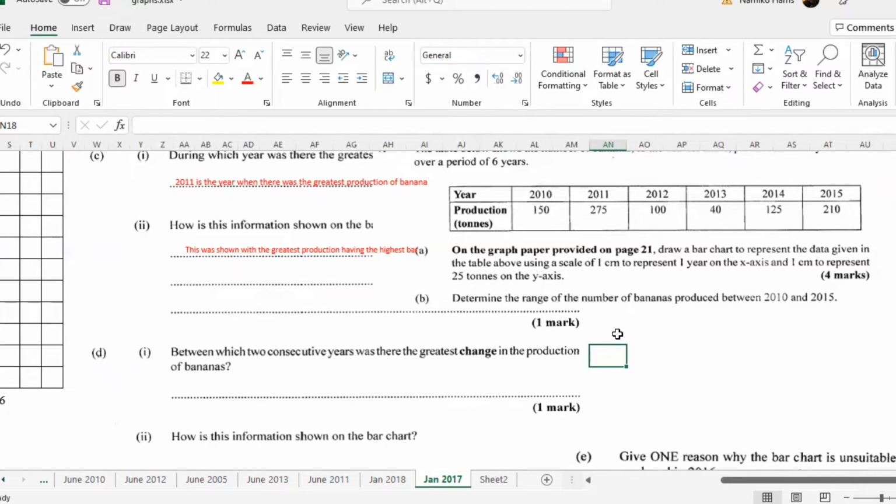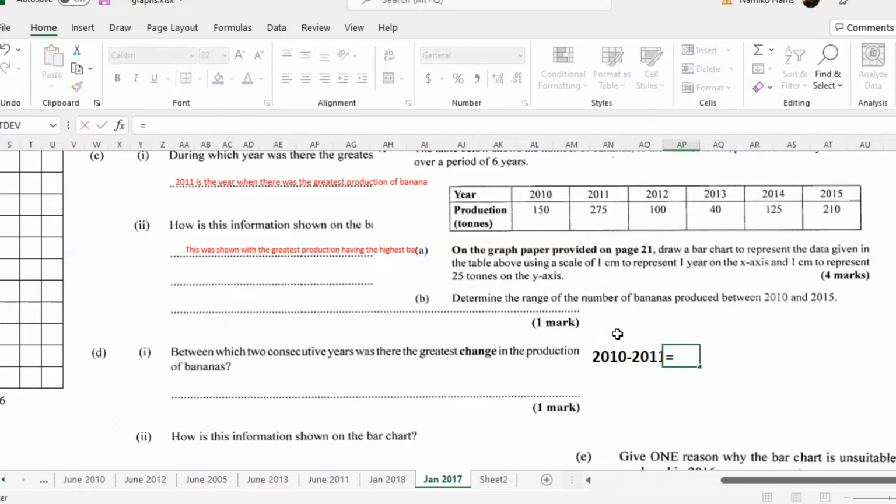So let's say then we have to look at all our calculations. So from 2010 to 2011, let's look at what that production was. So it would have been 275 minus 150, because in 2010, 150 tons was produced and there was an increase to 275 tons.